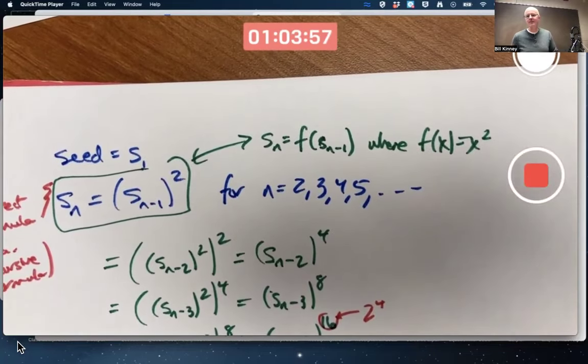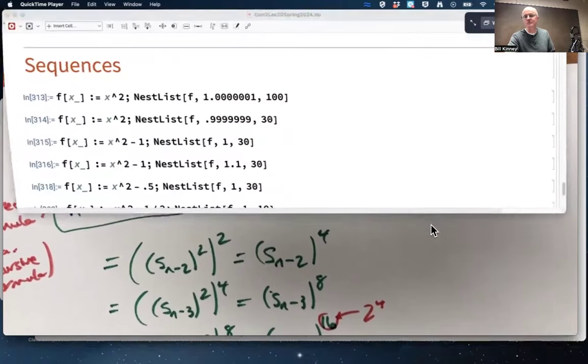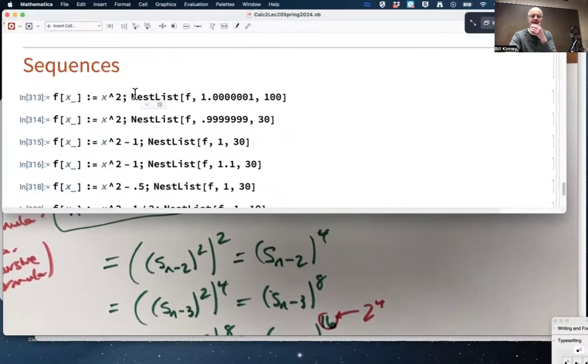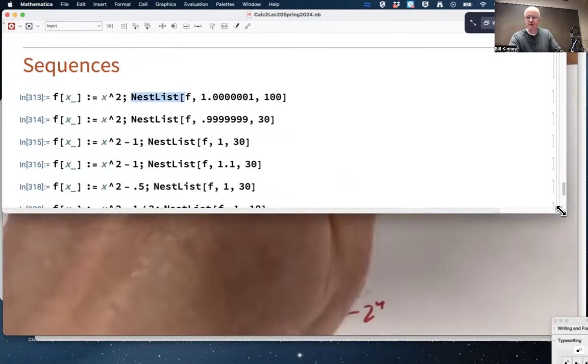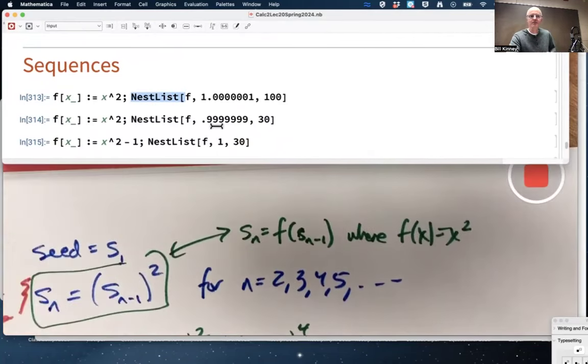And then, in Mathematica, we can use NestList to iterate that function. F of x equals x squared. NestList, the function name, the seed, and the number of iterations will find the sequence. S1, then S2, then S3, then S4, then S5, etc.